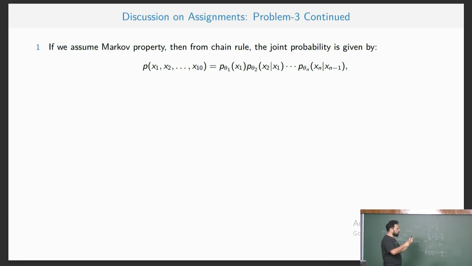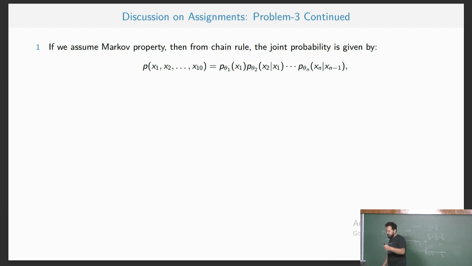In the last class we saw that one possibility is the chain rule, because complete independence doesn't work. As I said, it's a wrong assumption to assume n independent coins are being tossed, so that goes out of the picture. So here we have the chain rule.